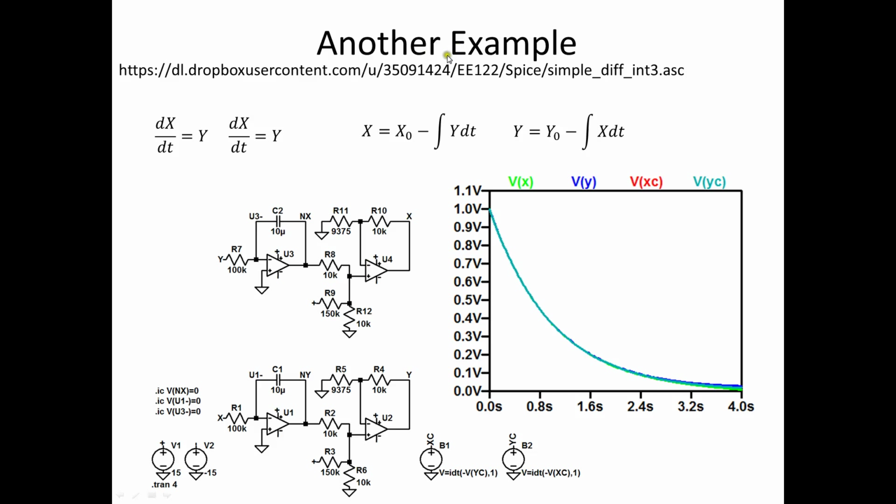In this other example, it has two variables, where X is now fed into the Y circuit and Y is fed into the X circuit. And it's the inverted case, where we're integrating minus Y and integrating minus X. You can see the behavioral models take that into account as well.